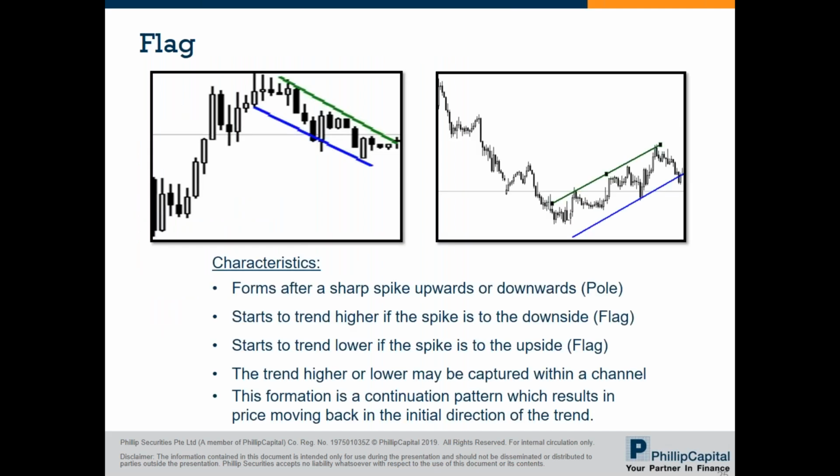Right, so what is a flag? So this is a flag pattern. In the same way, there are certain qualities that characterize that pattern. In the case of the flag, it is formed after a sharp spike upwards, or downwards in the case of a downward trend. After the spike upwards or downwards, that forms the pole.